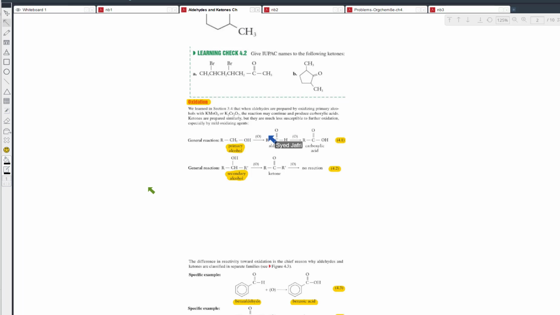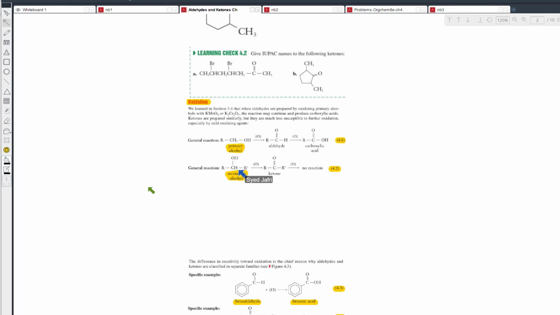You have ethanol, then ethanal, and finally you get ethanoic acid, a carboxylic acid. So with the common oxidizing agents, you will get aldehyde, but it's not going to stop; the final product is going to be carboxylic acid.